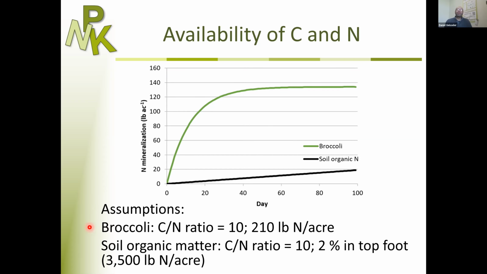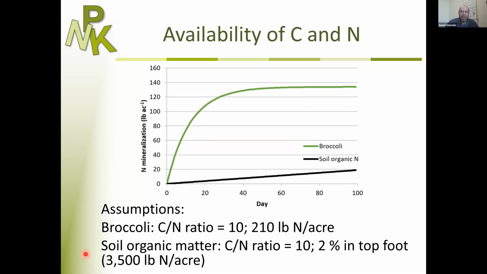If broccoli residue is incorporated, and broccoli residue has roughly a C/N ratio of 10, and it may contain about 210 pounds of nitrogen. If that's incorporated, we see a very quick release of the nitrogen. Up to 130 or up to 140 pounds of the nitrogen in that broccoli residue is released, and most of it within a month or so.